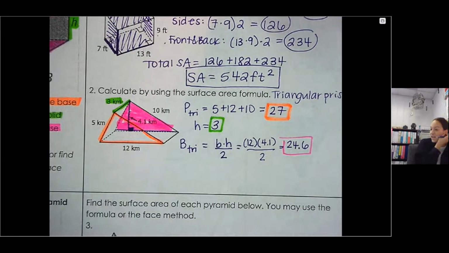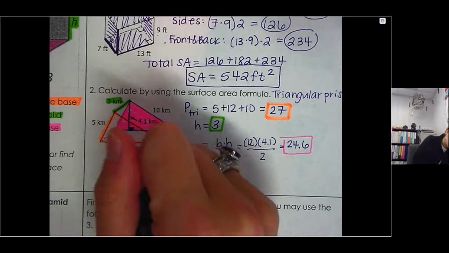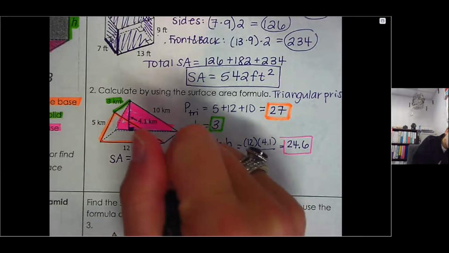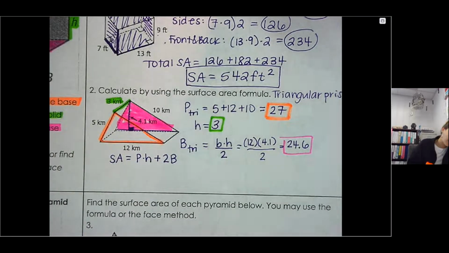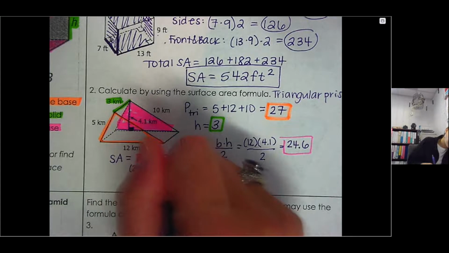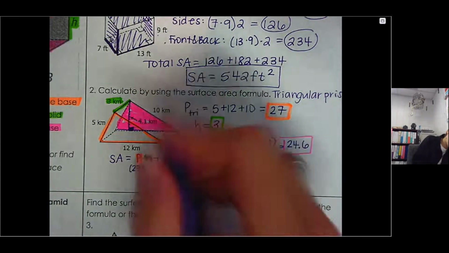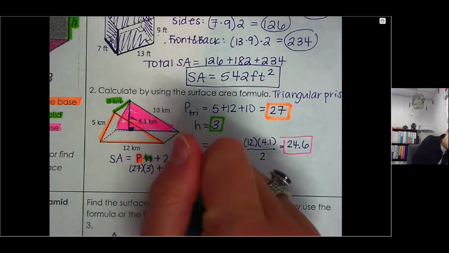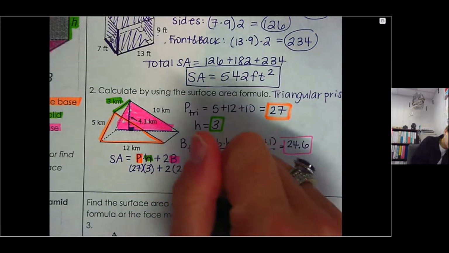So now my final step is to take my information and plug into the equation. So surface area equals perimeter times height plus 2 times big B. So remember the P is my perimeter, and we said our perimeter was 27, times the height of the whole prism, we said was 3, plus 2 times my big B, we solved the area of a base was 24.6.